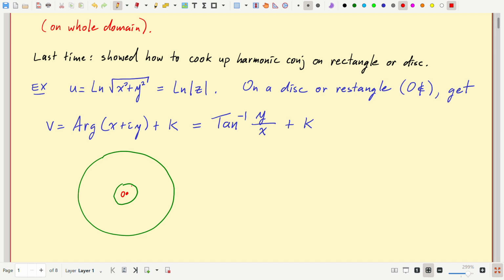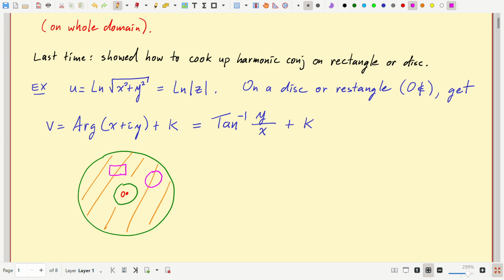Okay, I've got this u function that's harmonic. And it's harmonic on this shaded region, which is an annulus, has a hole. And if I were to try to cook up a harmonic conjugate over here, say, I'd get the principal argument plus a constant. I could do it over here on a rectangle too. I'd get the principal argument plus a constant.